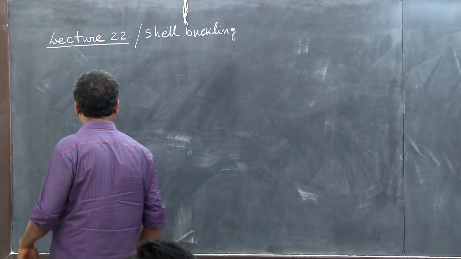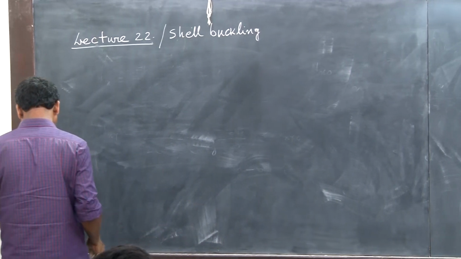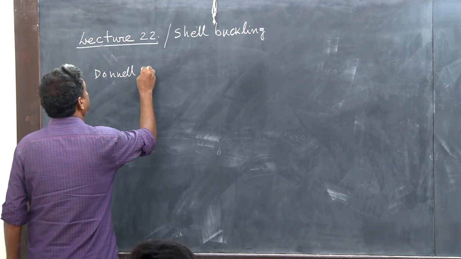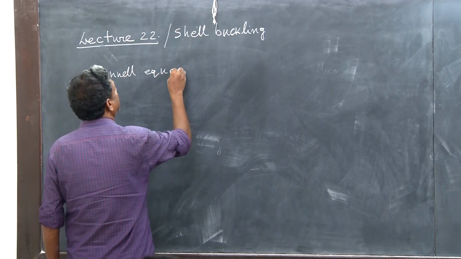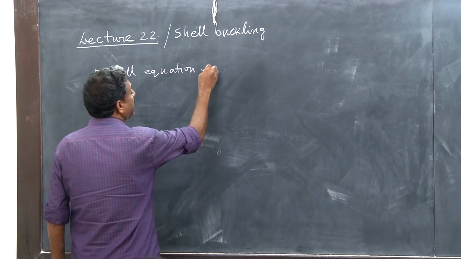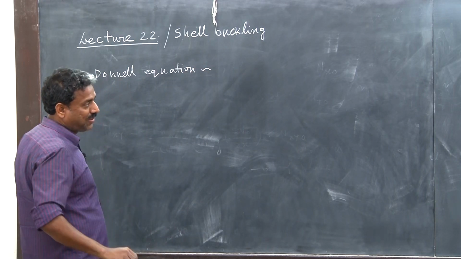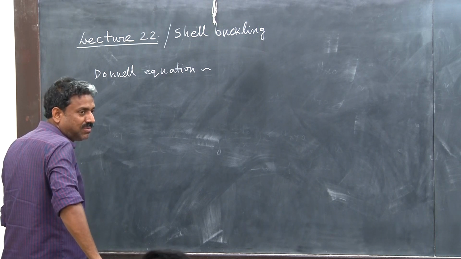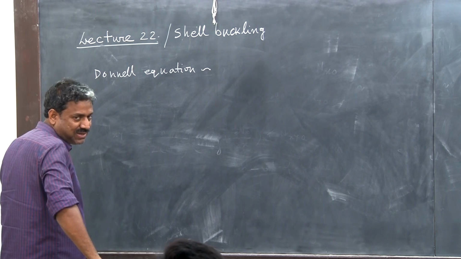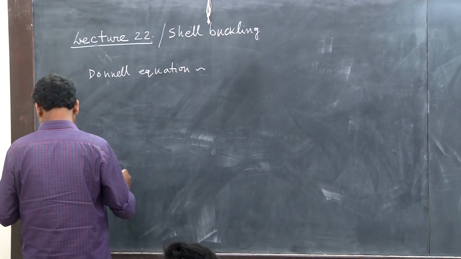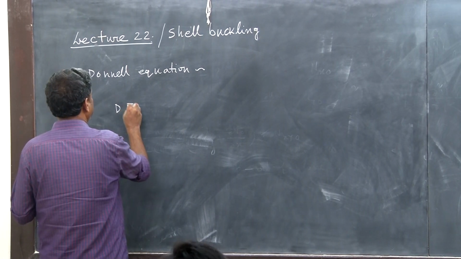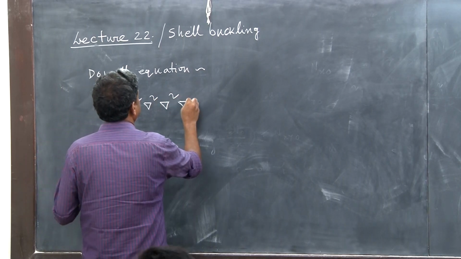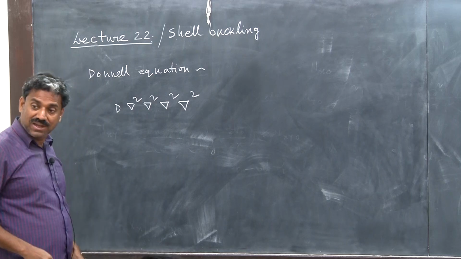So then substituting, you will get this, the Donnell equation. Donnell equation, this is an 8th order equation, okay. Once again, the way for a plate you have derived this, nabla square nabla square W(x,y) is equal to Q by D, right. Similar equation, the only thing is D nabla 8 W, so essentially 8th order, okay.